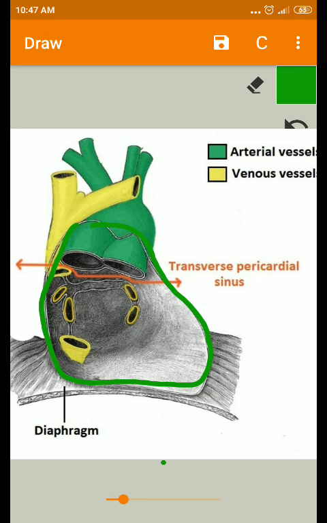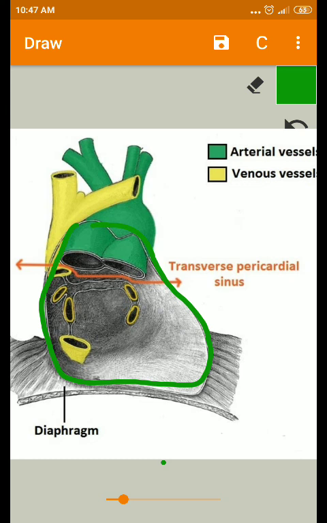The pericardium is attached to the diaphragm at the base, anteriorly to the sternum, and also to the outer layers of the great vessels. Because of all these attachments, the heart is fixed in the mediastinum and its motion is limited.